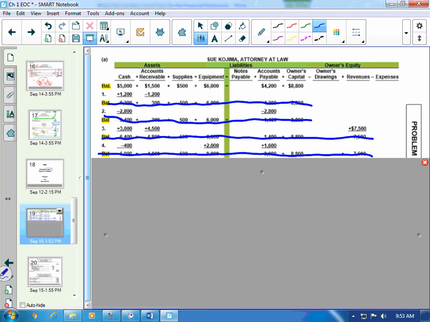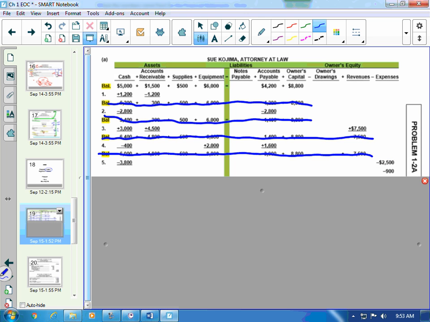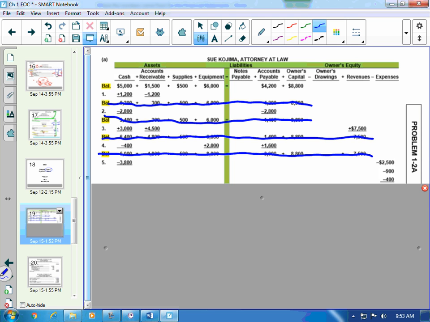Number 7, we paid our salaries, we paid our rent, and we paid our advertising. Those 3 things are expenses. Notice how the book laid it out. I really like how the book laid it out for this one. We've got these 3 expenses that all go into 1 minus cash.